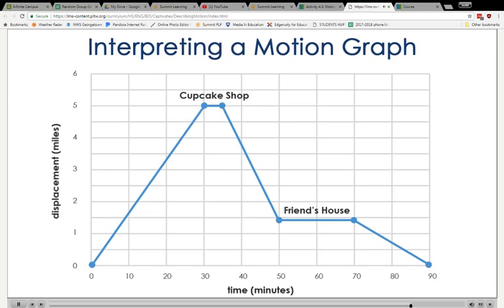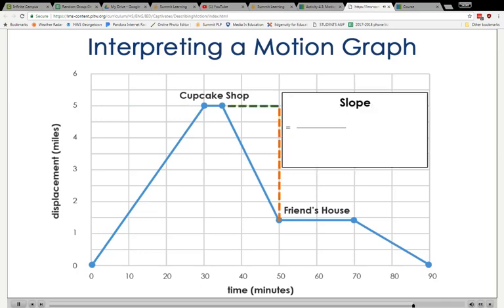What was your speed between the cupcake shop and your friend's house? We can calculate the slope of the line during this portion of the graph. After converting to miles per hour, we get negative 14.4 miles per hour. What does the negative sign mean in this context? It means that you are traveling opposite to the direction that we assumed to be positive.